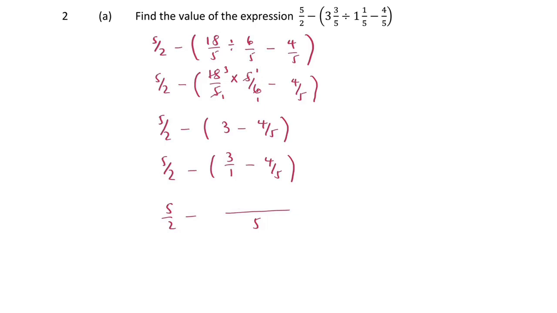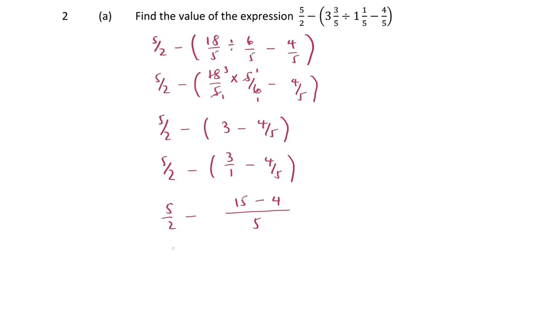So our expression is going to be 5 over 2 minus, in brackets, 15 minus something over 5. And also this 5 divided by 5 becomes 1. Then we are going to multiply by 4, which becomes 4. Then our expression is going to be 5 over 2 minus, in brackets, 15 minus 4 over 5.